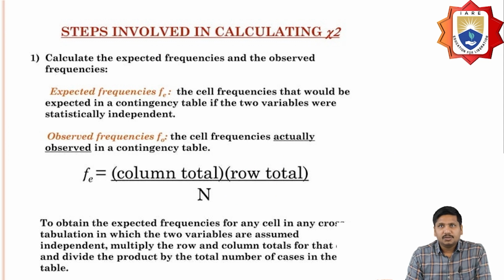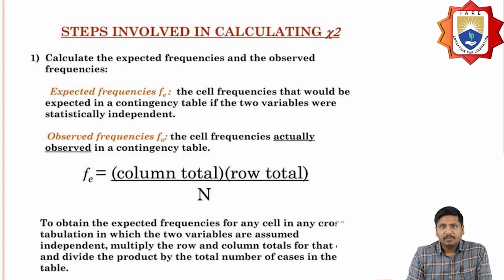So what are the steps involved in calculating chi-square? First you have to calculate the expected frequency and the observed frequency. Expected frequency means the cell frequency that would be expected in a contingency table if the two variables were statistically independent, and observed frequency means the cell frequency actually observed in the contingency table.